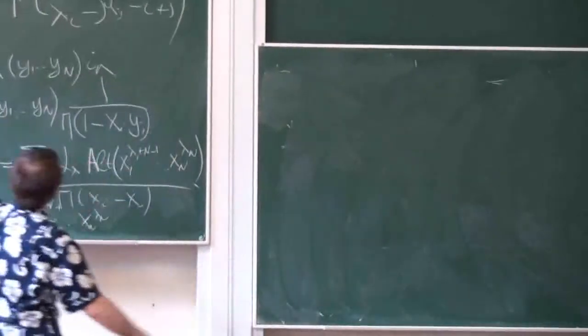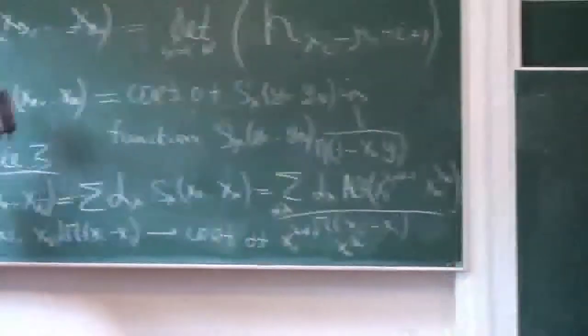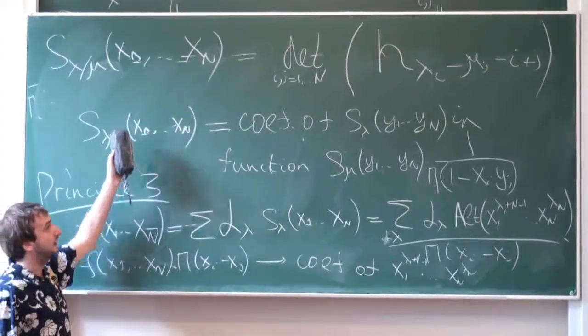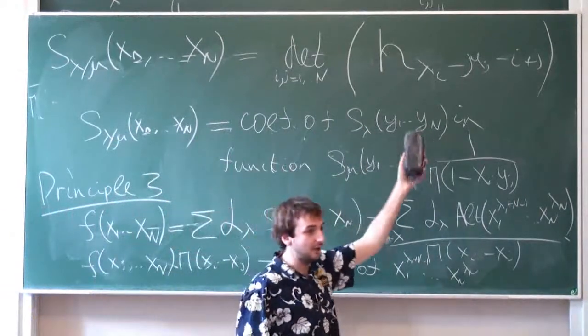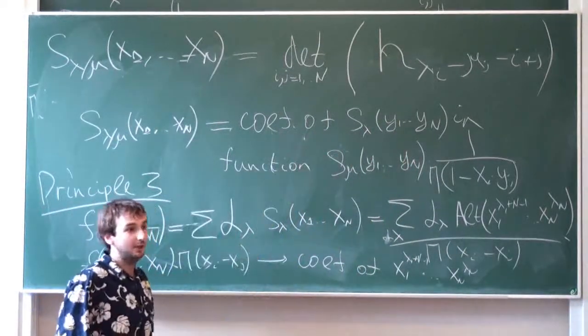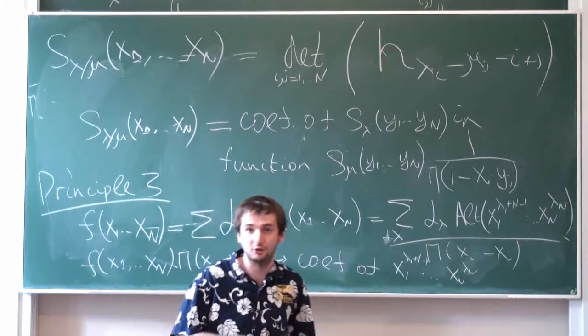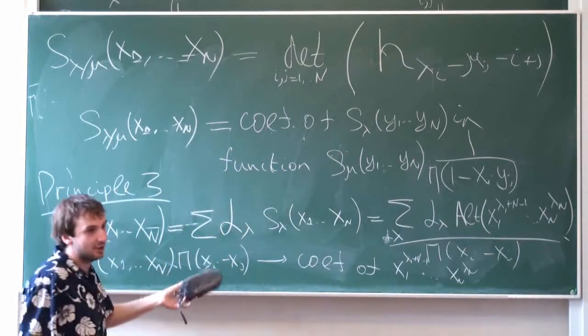First we know that, since we know this identity for finitely many variables, we can send the number of variables to infinity and say that we have the same identity for infinitely many variables. The only question is, what is the size of the determinant? It seems like we need an infinite determinant. But it's easy to see that actually it doesn't matter.